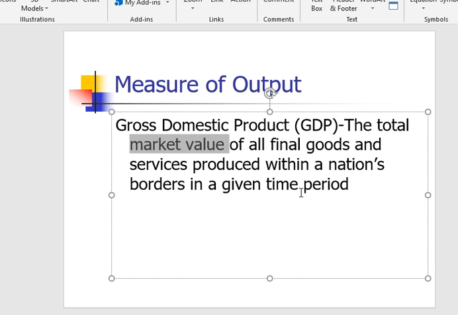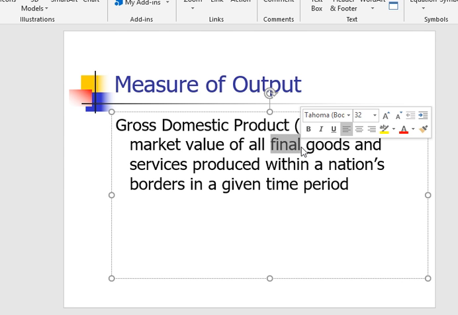Next, in order to be counted as GDP, a good has to be a final good, or a final service. In other words, these are the goods and services that reach their ultimate users. So take, for example, a bakery.